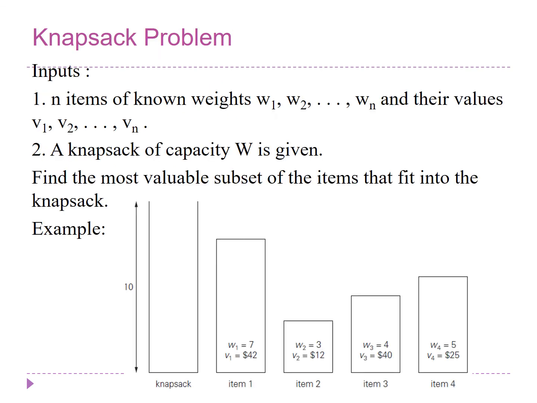The knapsack problem. The inputs to the knapsack problem are n items of known weights w suffix 1 to w suffix n and their values v suffix 1 to v suffix n. A knapsack of capacity W is also given as input.